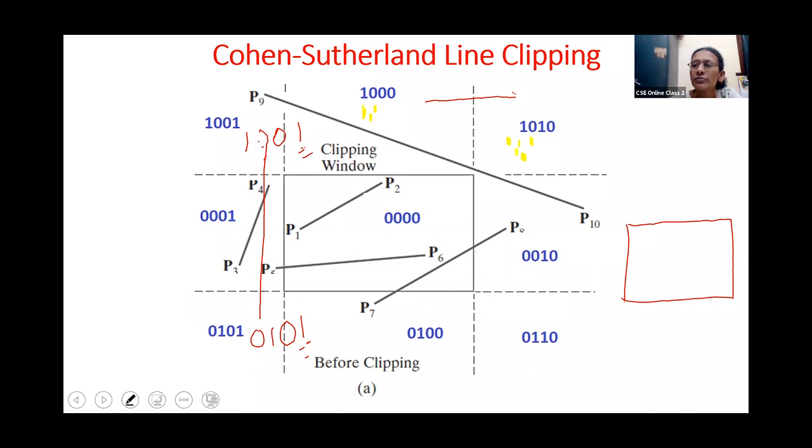Bit 4 stands for the top boundary. Bit 4 is set to 1 if the point is above the top boundary. That means since bit 4 is set for both the endpoints, the entire line lies above the top boundary, and so this line will not be shown in the output window. Is this clear?